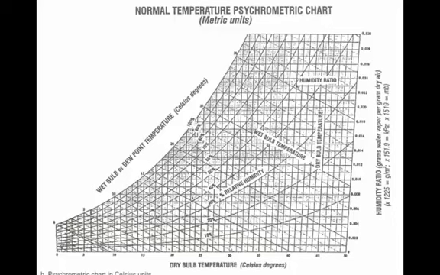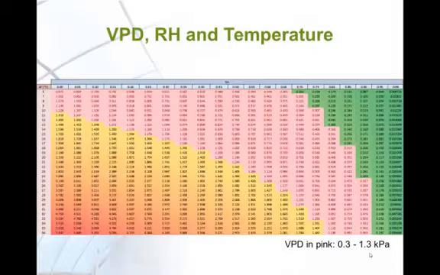To find those values, there are multiple resources available, and this is a classic resource we call the psychrometric chart. This is a piece of paper, and you can find out the VPD, vapor pressure, based on temperature and relative humidity. And this is a relationship between vapor pressure deficit, relative humidity, and temperature.